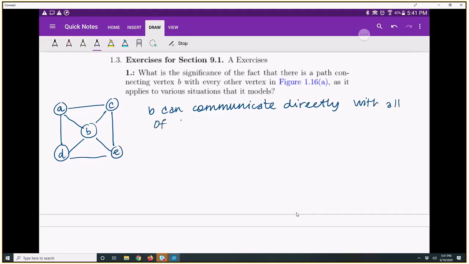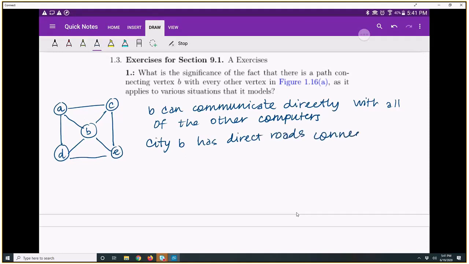Or similarly, if we said that this was modeling a map of roads, then we could say that the city B has direct roads connecting it to all the other cities.